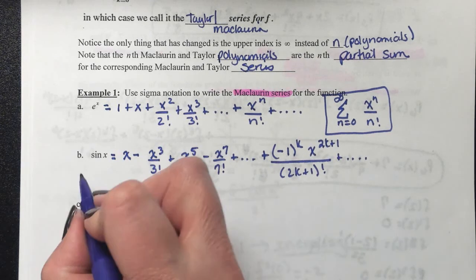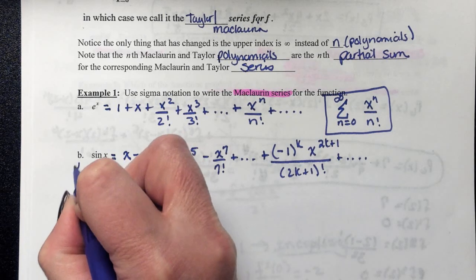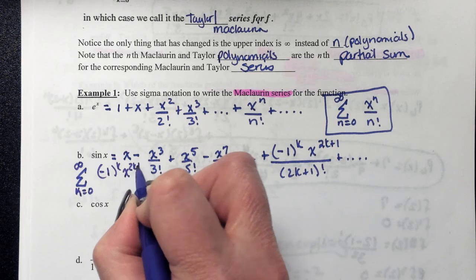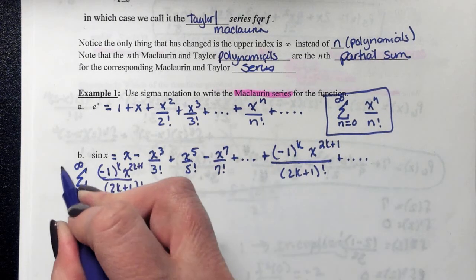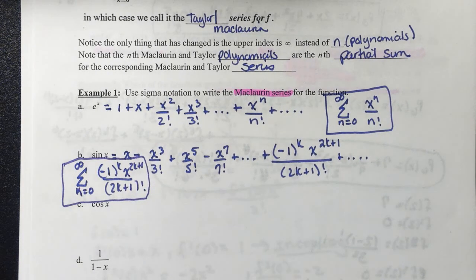So in sigma notation, you have k equals 0 to infinity of negative 1 to the k, x to the 2k plus 1 all over 2k plus 1 factorial. So there's your Maclaurin series for sine of x.